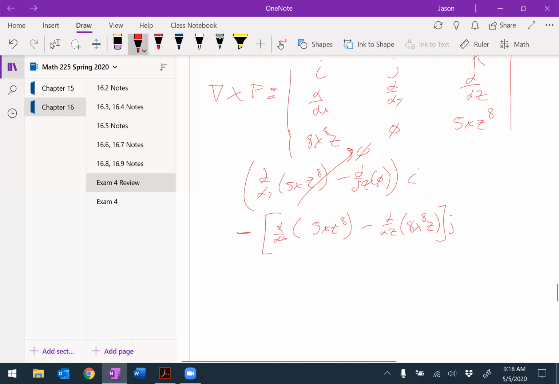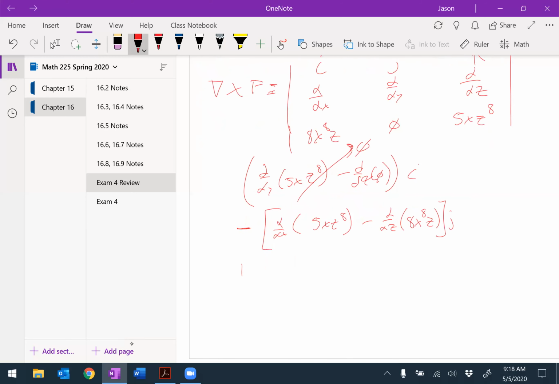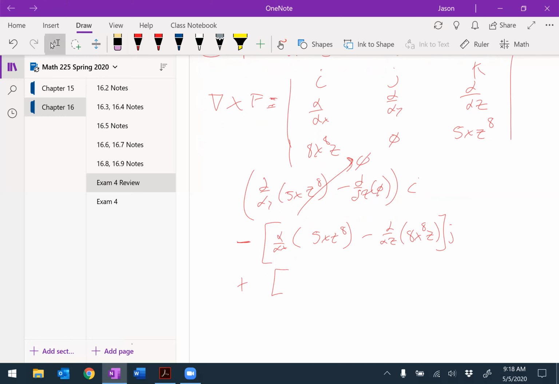And then plus k. What's k going to be? k is going to be d dx of 0 minus d dy of 8x to the 8th z.